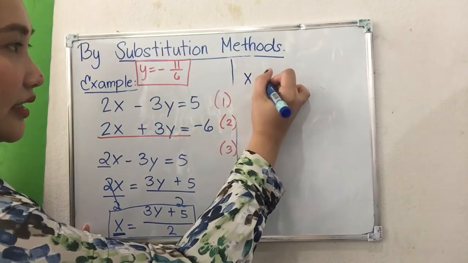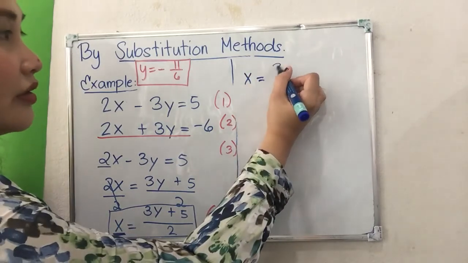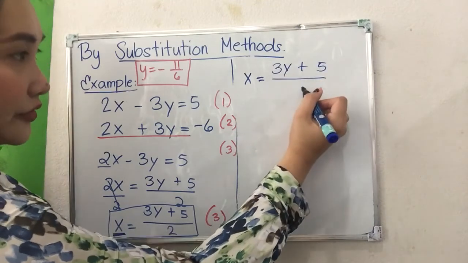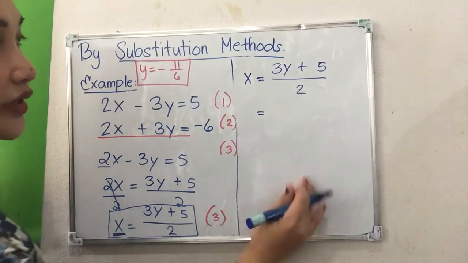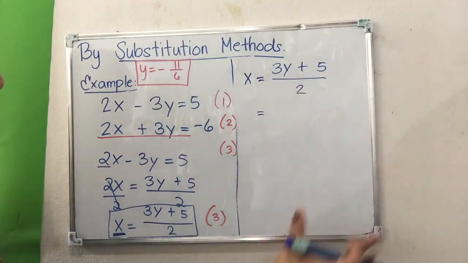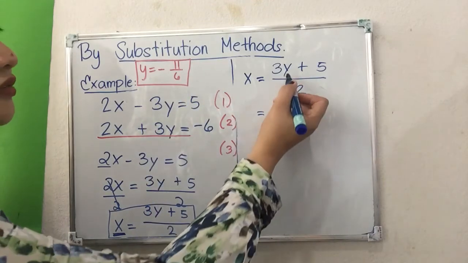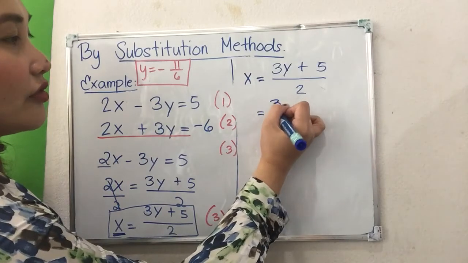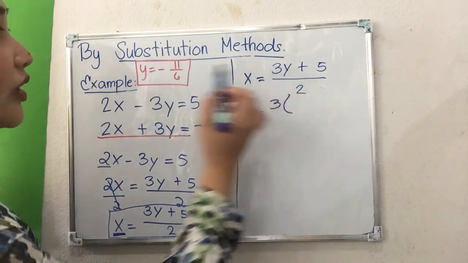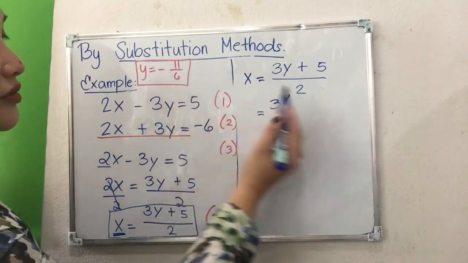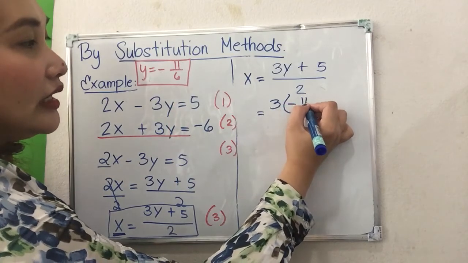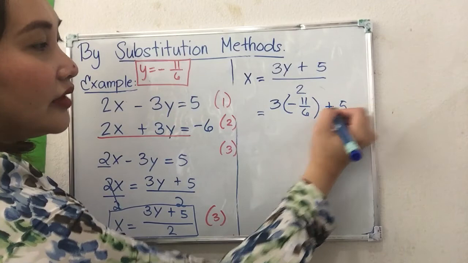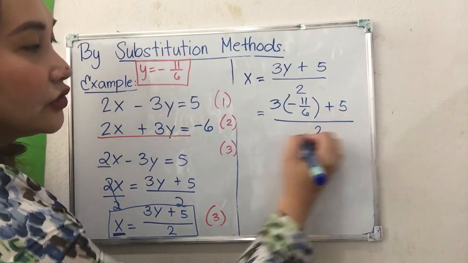So we have x is equal to 3y plus 5 over 2. Let's substitute the value of our y. That is 3 times the value of y, negative 11 over 6, plus 5 over 2.